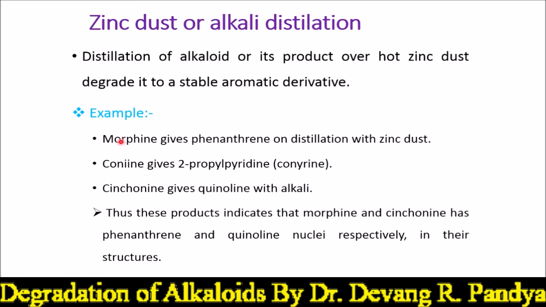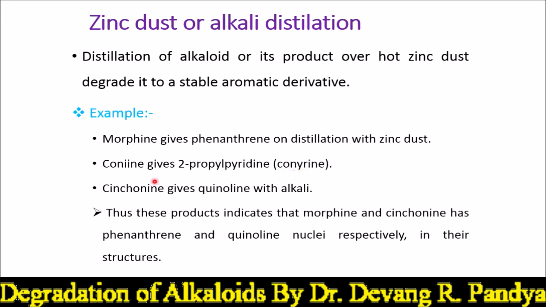We have morphine, and morphine gives phenanthrene ring structure on distillation with zinc dust. It indicates that morphine has a phenanthrene nucleus, a phenanthrene skeleton in it.